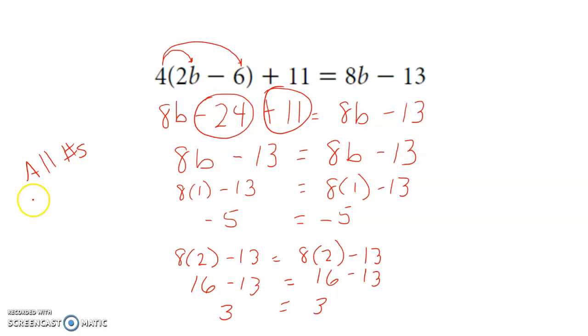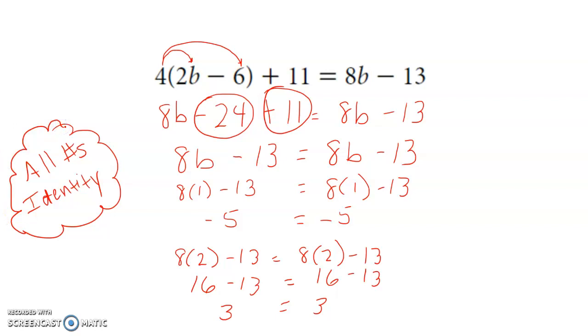And we would say that it has the identity property as its solution. No matter what I put in for b, I'm going to get a balanced equation. So we could say all numbers or identity for some of these problems.